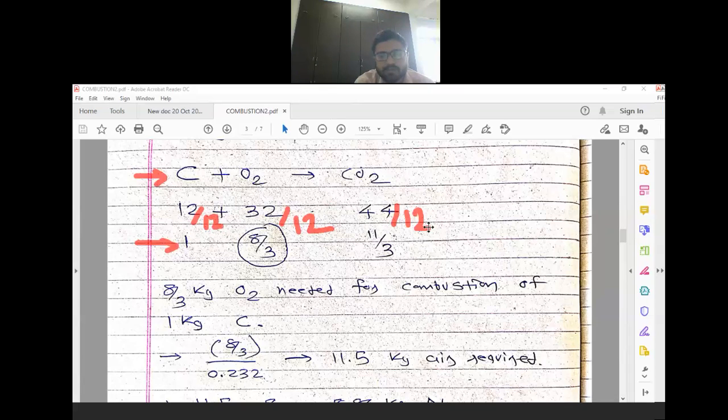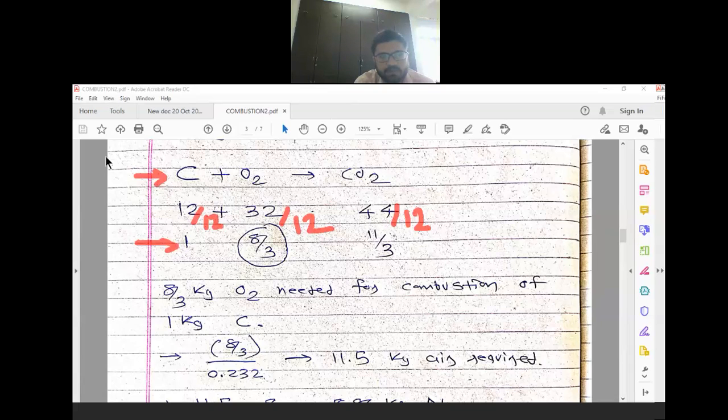By this we get 1, 8 by 3, and 11 by 3. So we can say that for 1 kg carbon we require 8 by 3 kg oxygen and the output will be 11 by 3 kg CO2. Clear?